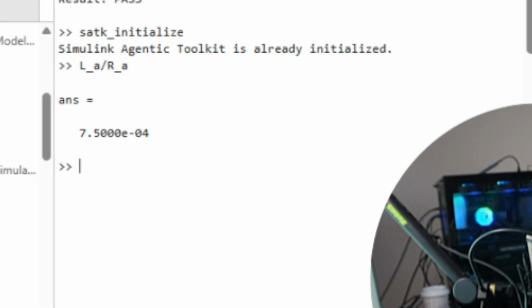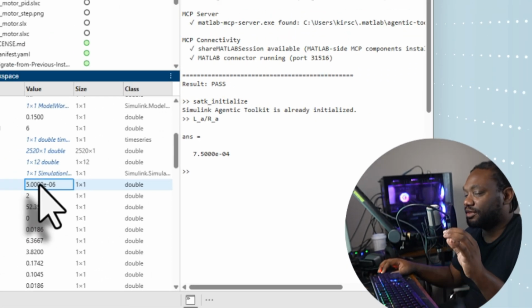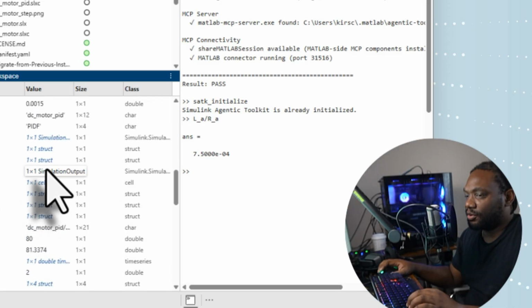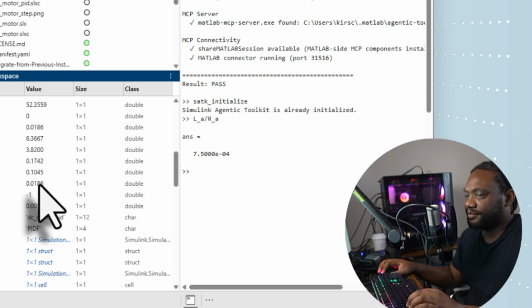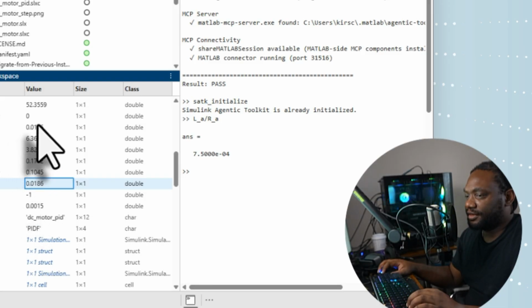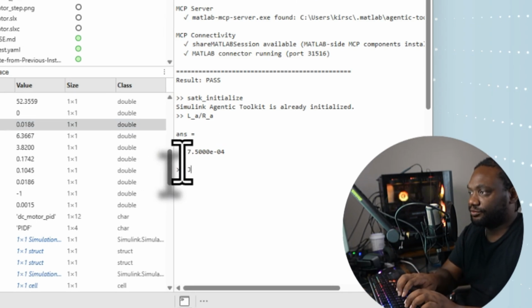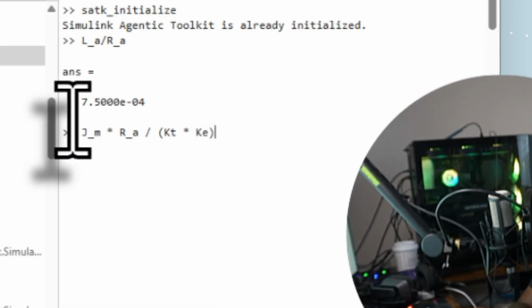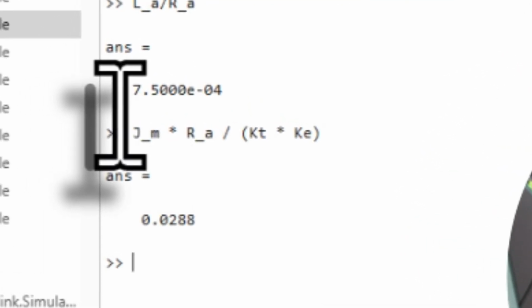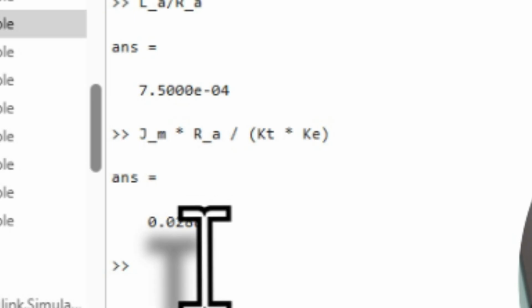Now compare that to the time constant for the rotor. You need your inertia, or Jm, multiplied by the winding resistance and then divided by the product of Kt and Ke right here. Once we run those numbers, right, let's do this. All right, so I type this in here, and what answer do we get? 28.8 milliseconds.